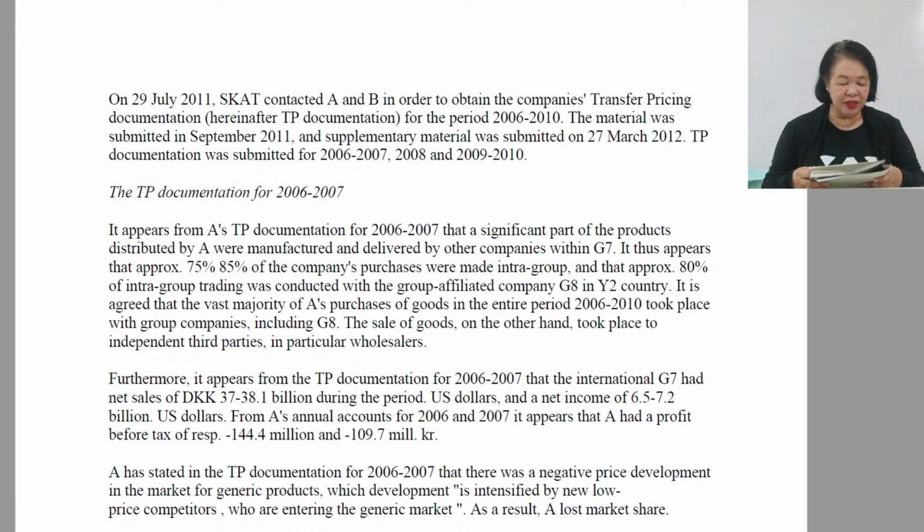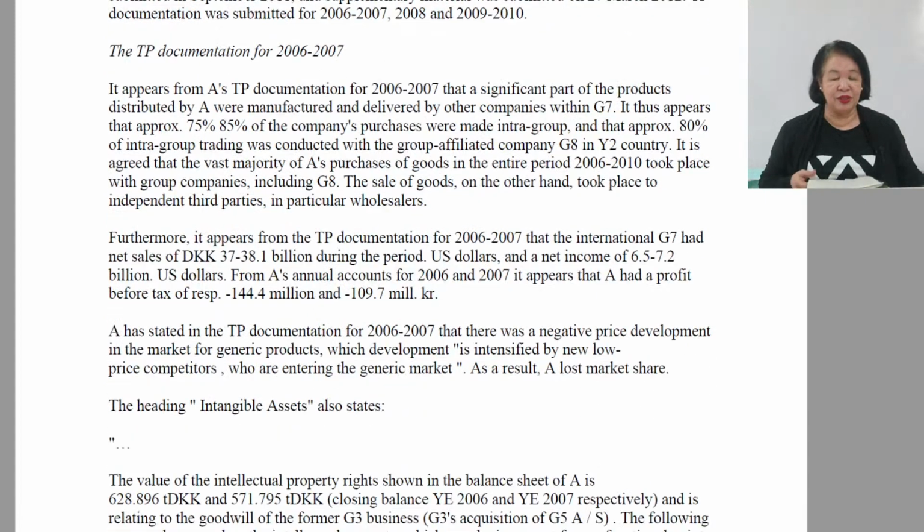Transfer pricing documentation was submitted for 2006, 7, 8, 9, and 10. No? Okay. The transfer pricing documentation for 2006 to 2007.